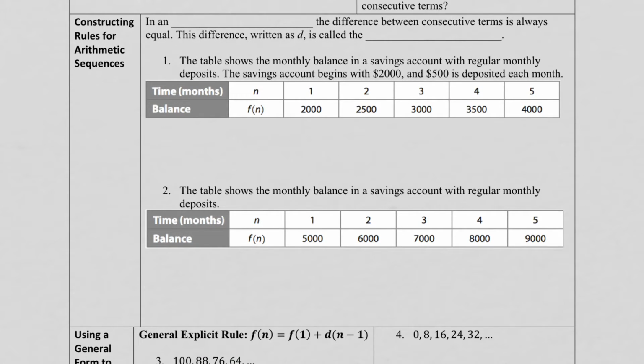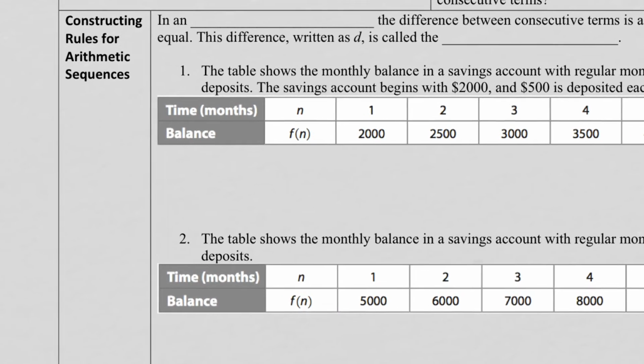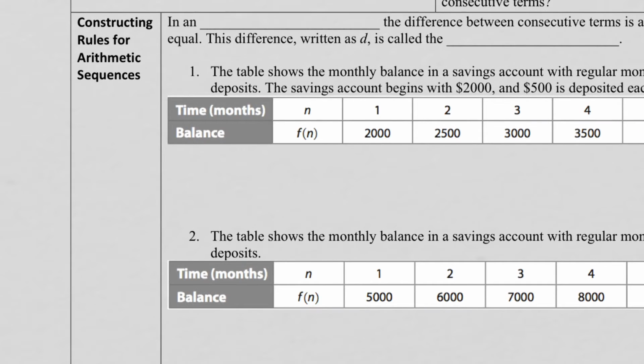Alright, so the first thing we're going to do is fill in the blanks right here. It says, in an blank, the difference between consecutive terms is always equal. What we're talking about here is basically the title of today's lesson. In an arithmetic sequence, that's what I want you to put here.